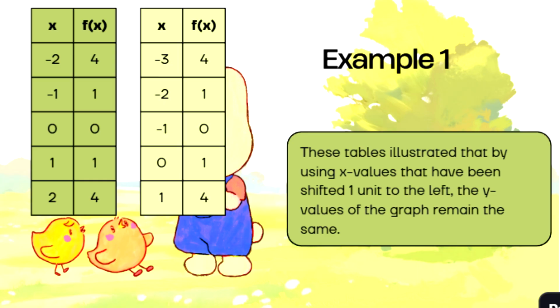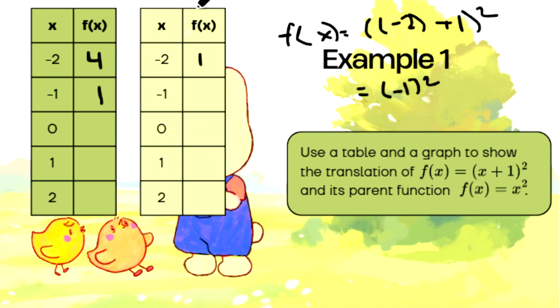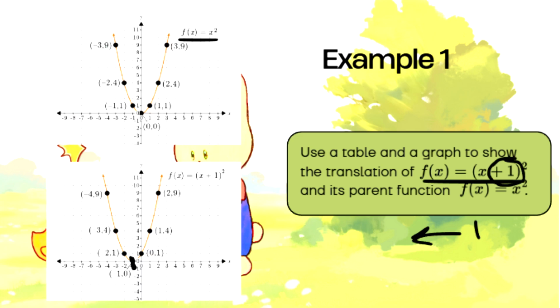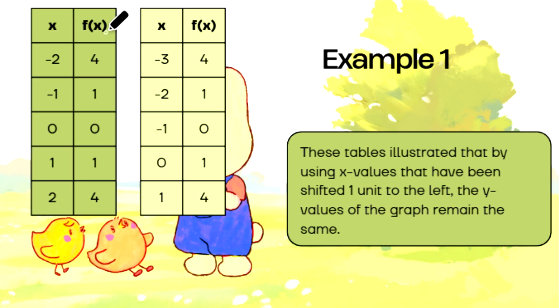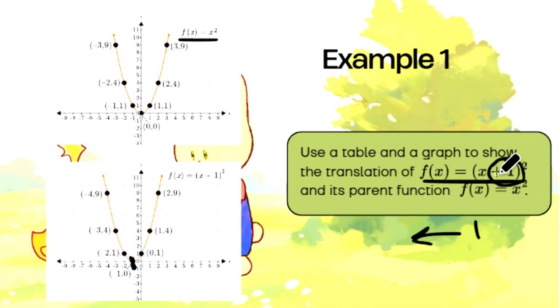So these tables illustrate, these tables are different. So if you look here, our x values stayed the same. Over here, what they did was they kept the y values the same, because what changes when we're shifting side to side is the x values. So if we use x values that have been shifted 1 unit to the left, we know that's what's going to happen. It's being shifted left 1 because we can see that information.